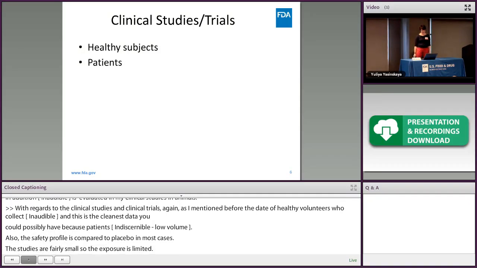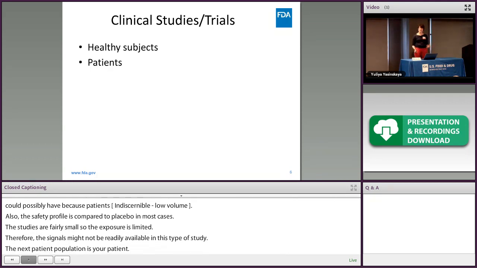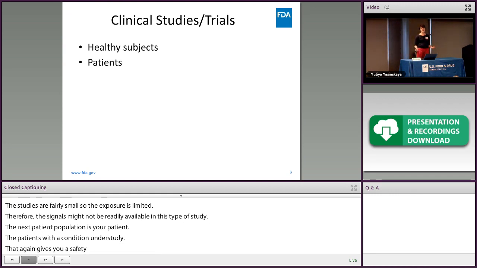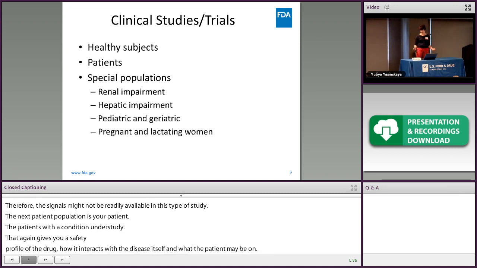The next patient population is your patients, the patients with the condition under study. That again gives you a safety profile of the drug, how it interacts with the disease itself and with the concomitant medications the patient might be on. Are there any drug-drug interactions, or underlying conditions of the patients, or other additional risk factors that might play a role in how the drug manifests itself?